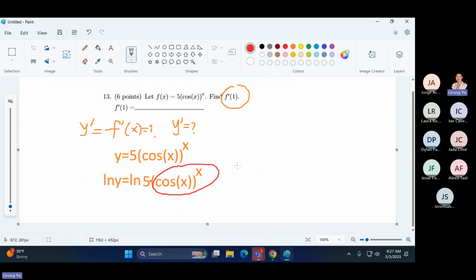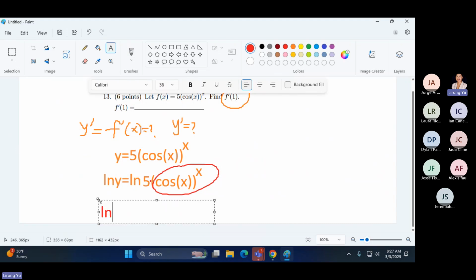When you want to reverse it, you have to reverse the multiplication first, then the exponent. So right now, the format is natural log of 5 times this number, cosine x to the power x. According to the logarithm property, we're going to separate them with a plus. The reason we spend time breaking them down is that taking the natural log makes it possible for us to break things into small parts.